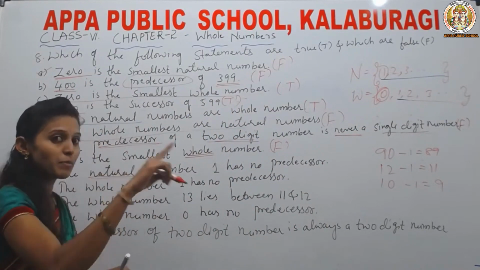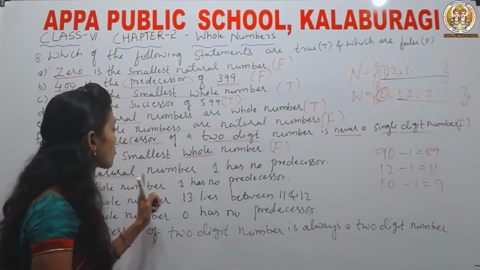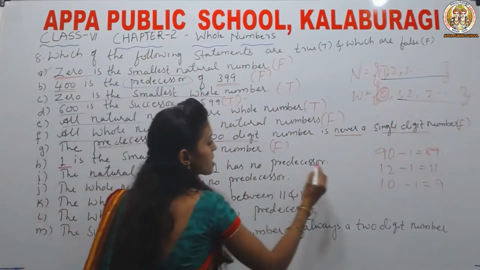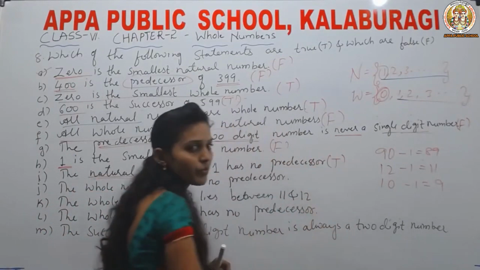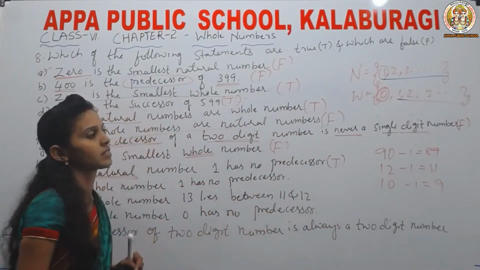But whole number 1 has a predecessor. Whole number 1, the predecessor is 0. Only natural number 1 has no predecessor. It is true.